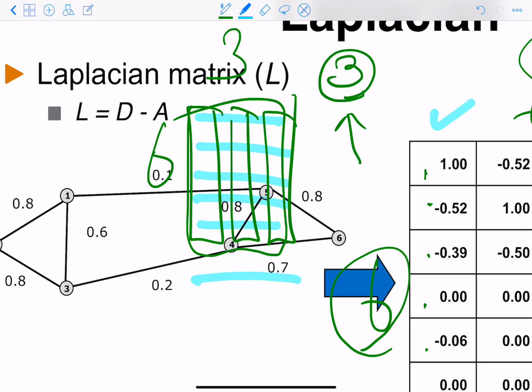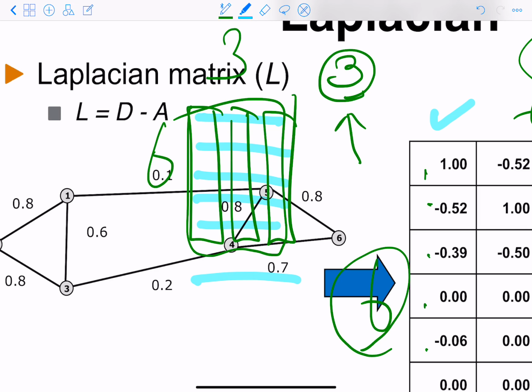Using these feature vectors, we simply perform k-means on that, and it will give you the partitioning that optimizes the normalized cut measure.